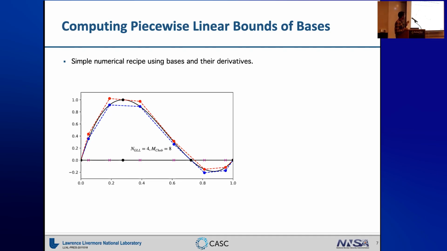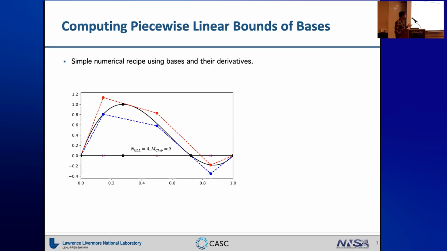But a drawback is, in this case, it works really well if I'm using 8 Chebyshev points. If you use fewer points, for example, 5, you see that it doesn't work. In this case, towards the end, you see the lower bound is intersecting your function, okay? So there's essentially a constraint on the number of points you need to use to get the bounding property. This is the table that shows how many Chebyshev points you need.